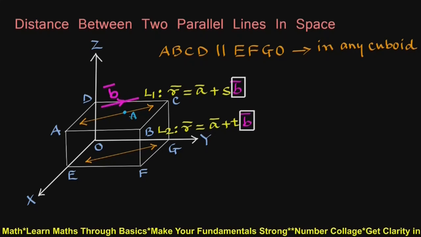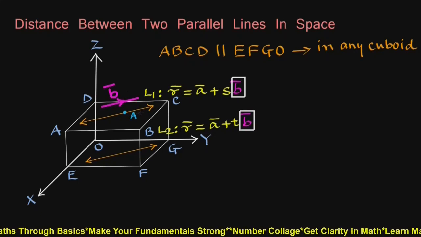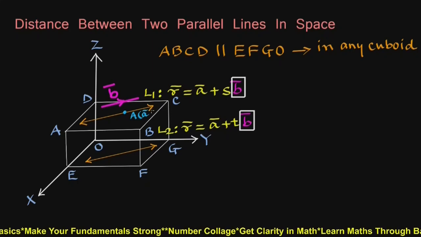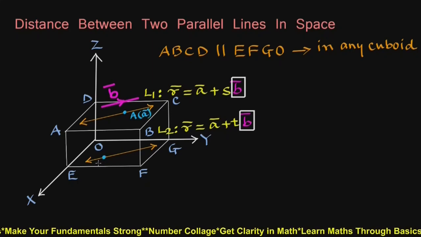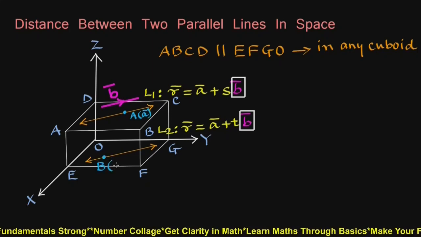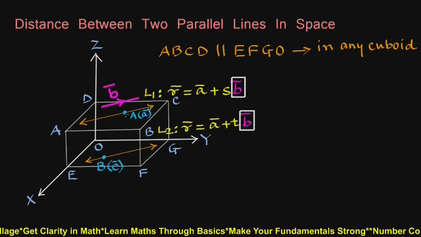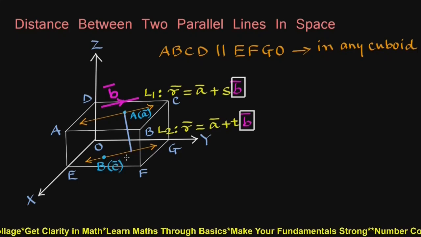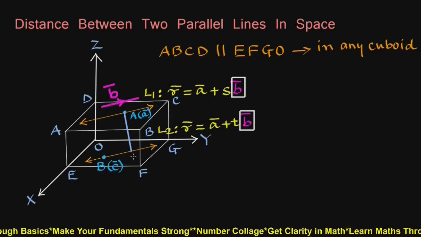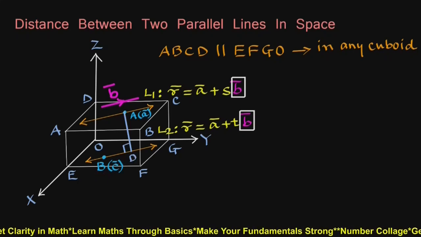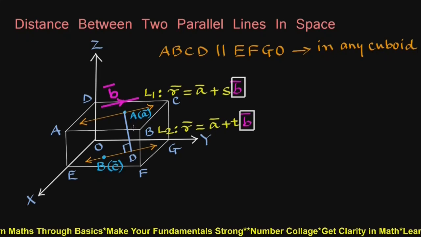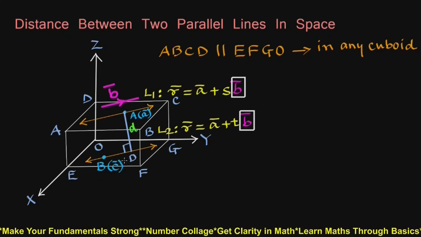Let A be any point on line L1 whose position vector is a bar and B be any point on L2 whose position vector is c bar. Now perpendicular from point A on line L2 is AD, which is length of perpendicular D between these two parallel lines.